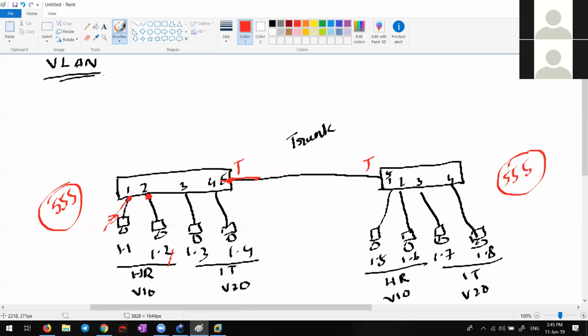Interested traffic will be sent through the trunk link with the help of the native VLAN, for example voice traffic. Okay, second point.